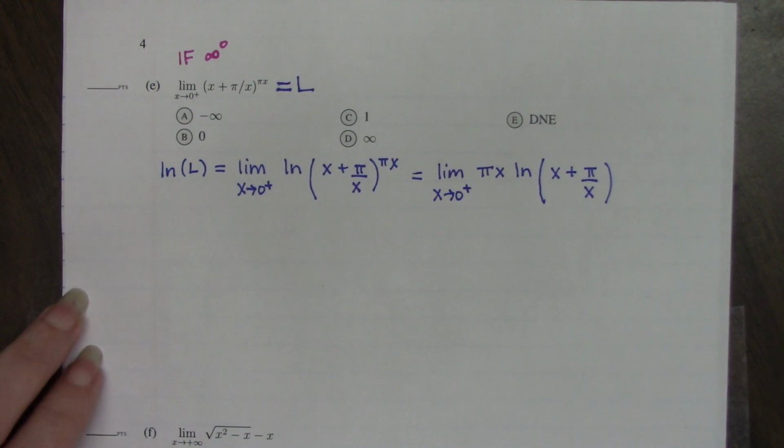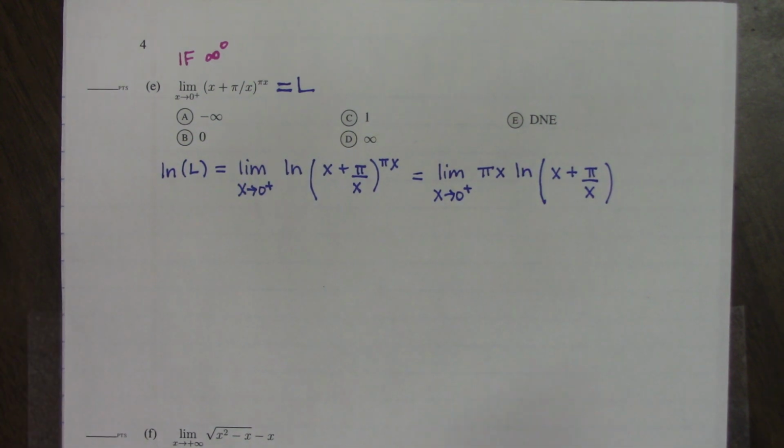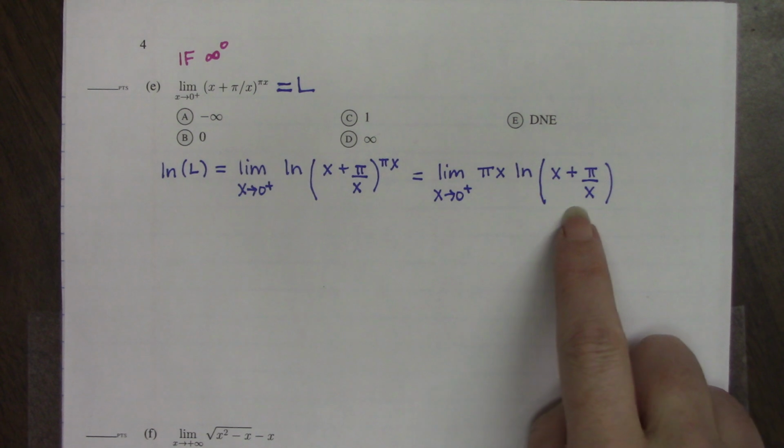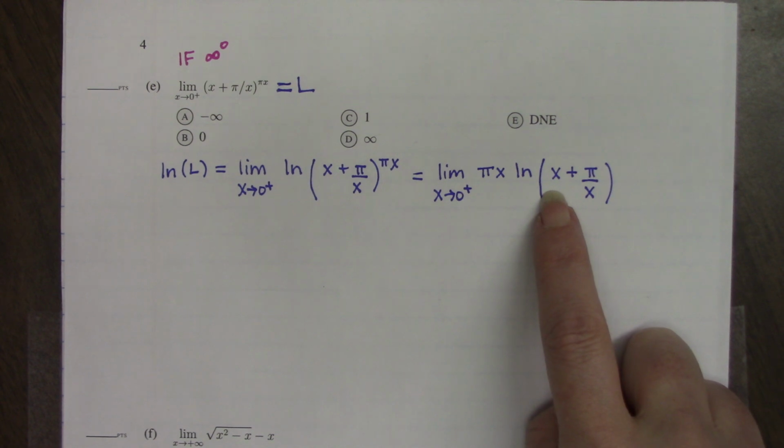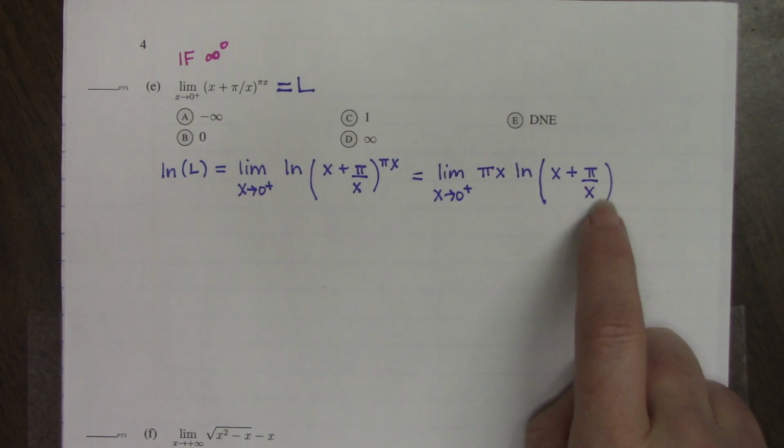Now that I've done this, I want to attempt direct substitution again. Now this is no longer going to be infinity, because if we look at this, the natural log here is going to be 0. Actually, this might be infinity, sorry. The natural log here, if we plug in 0 for x, we get 0. We're still going to get pi over 0, which goes to positive infinity.